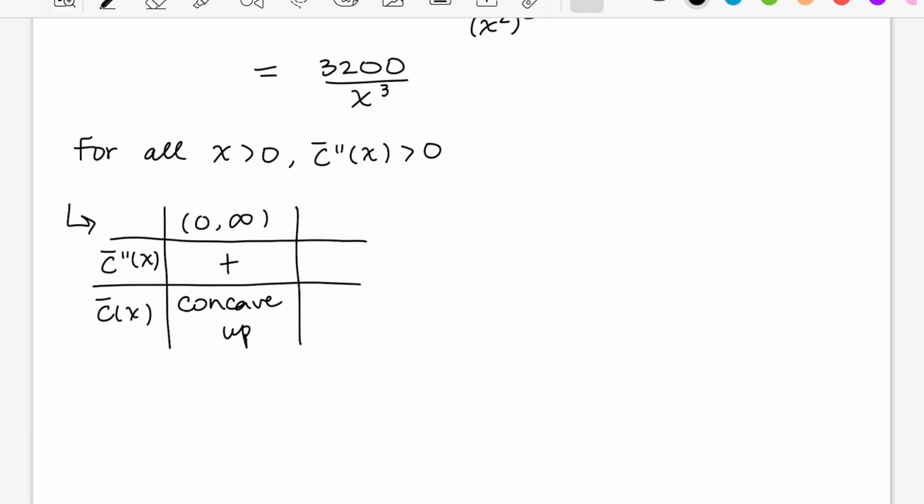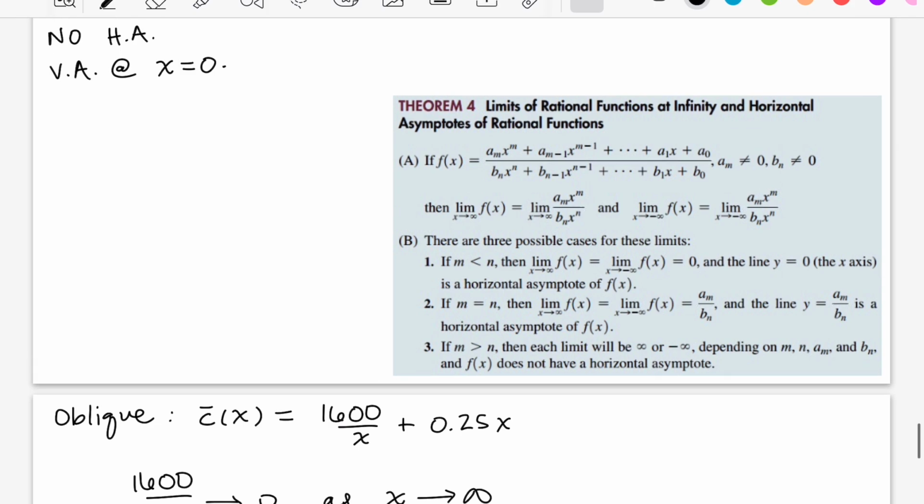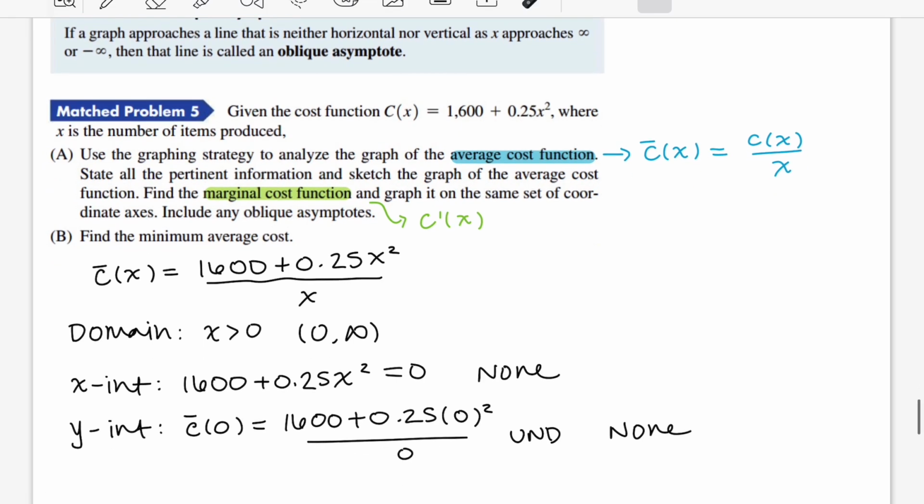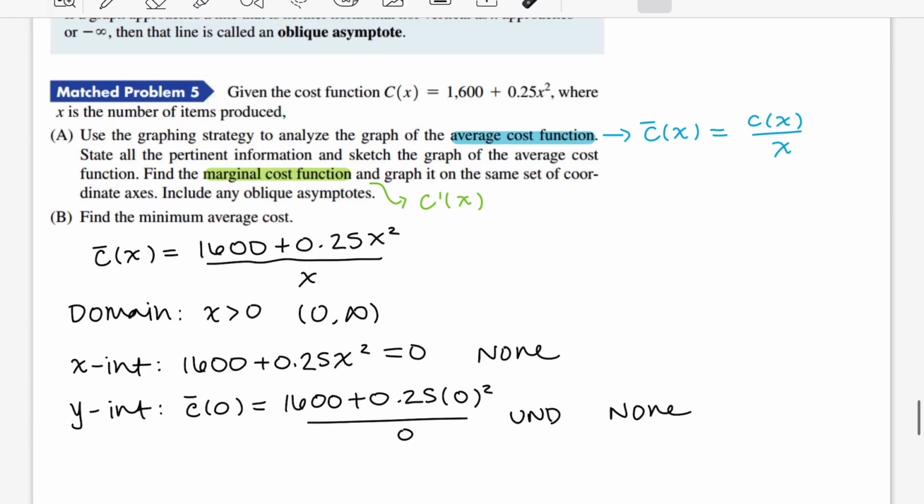Alright, so going back to our problem, we have everything we need to graph the average cost function, but we also want to find the marginal cost function and graph it on the same graph. So the marginal cost function is just going to be the derivative of this guy here. Okay, so we'll use power rule.